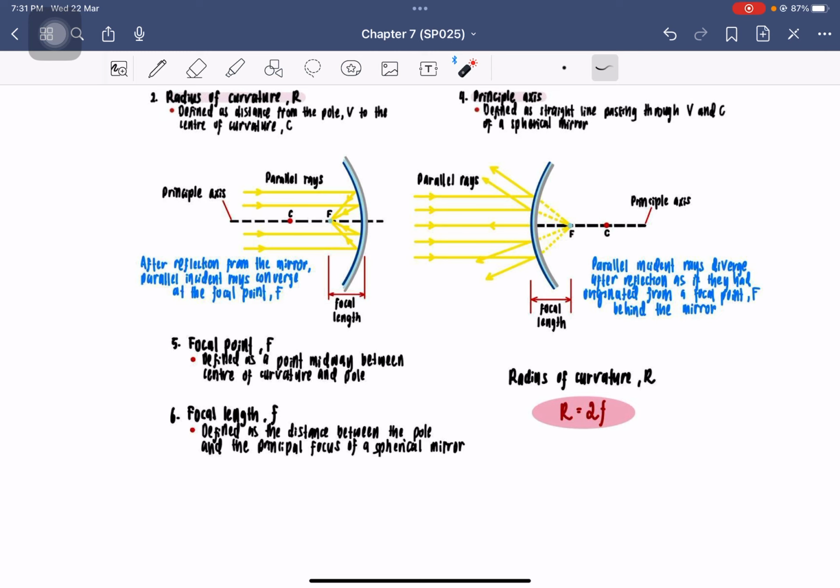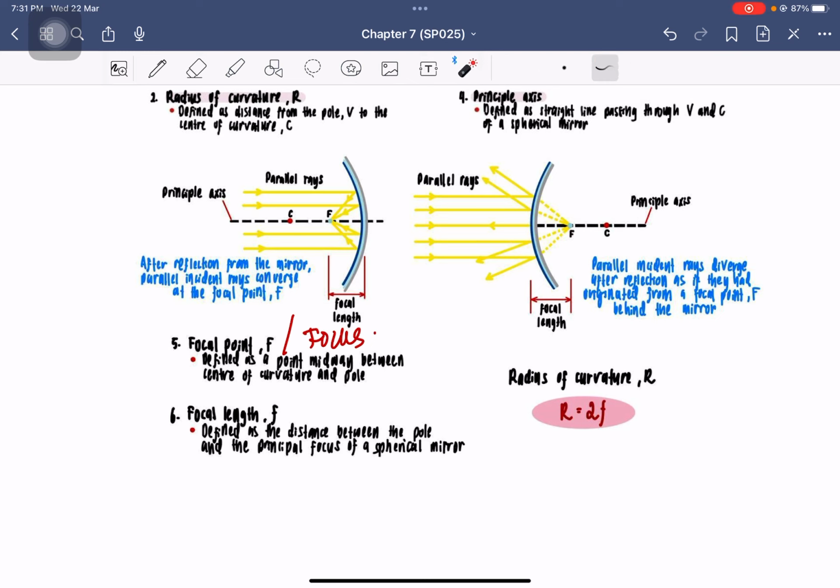The focal point is midway between the center of curvature and the pole. For your sketching of ray diagrams, you have to be able to determine the position of the center of curvature and the focal point itself. Focal length, on the other hand, is just the distance between the pole and the principal focus, which is the focal point. Focal point is also known as focus.